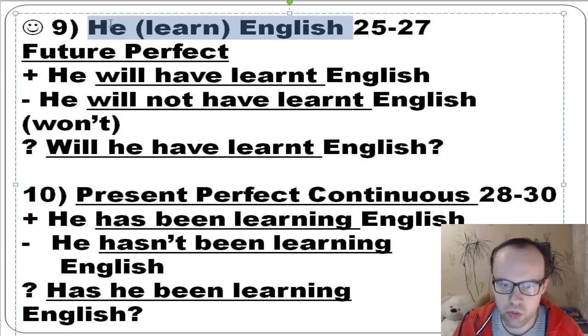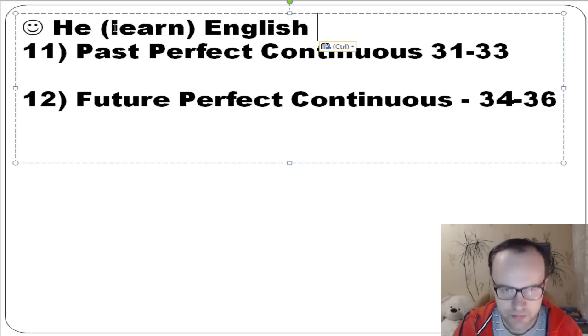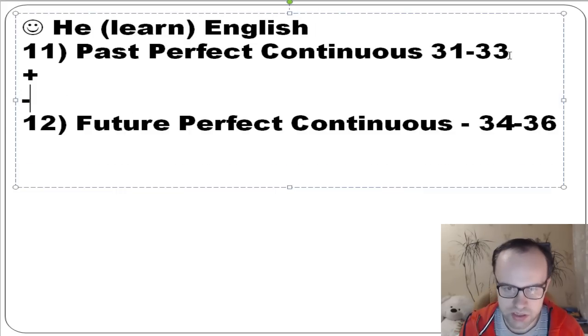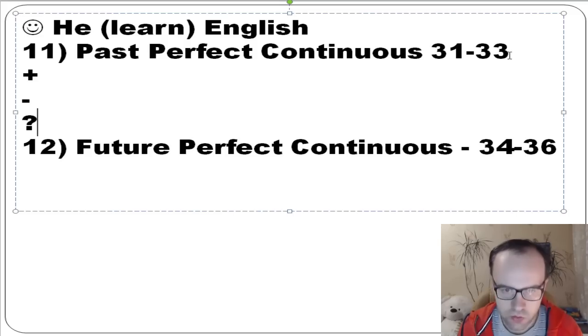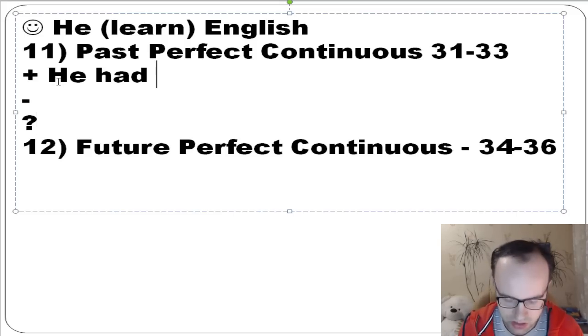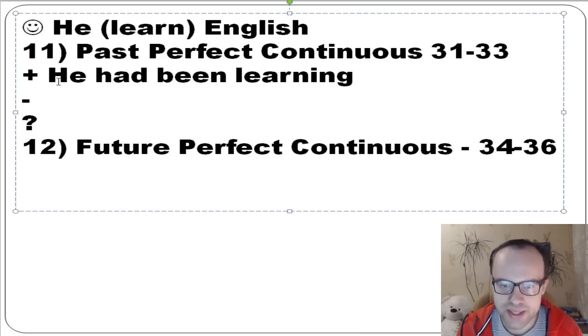So let's open the brackets and we'll do the same exercise, with a statement, with a negative form and with a question. So we say had been plus verb plus ing. So he had been learning English.